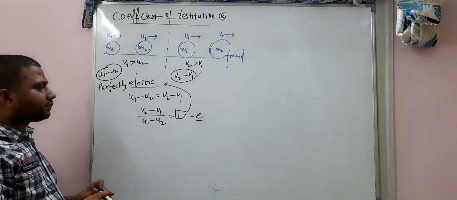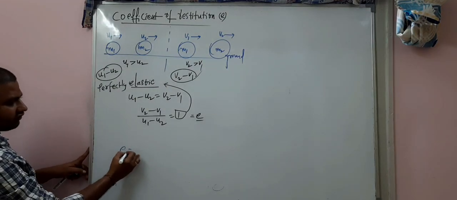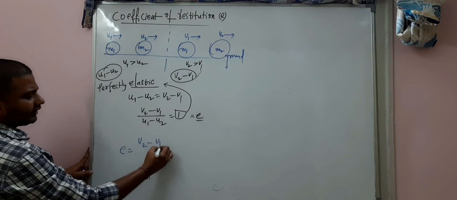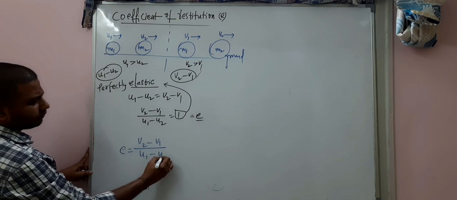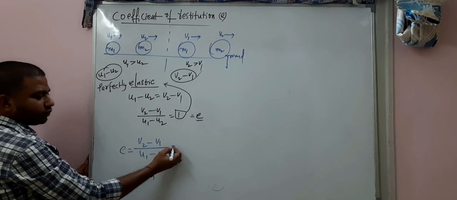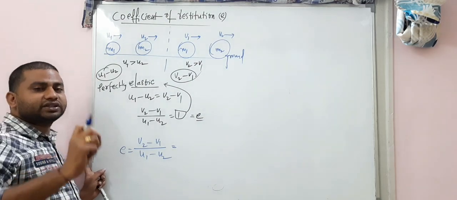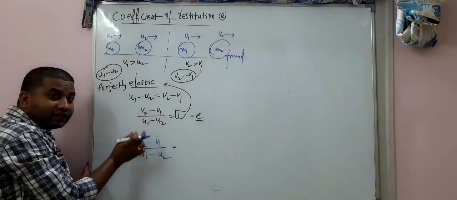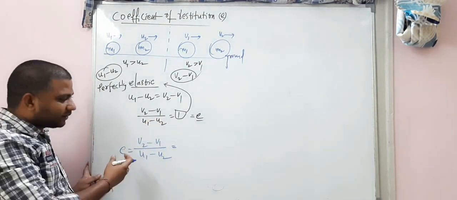So we have got an expression for the coefficient of restitution: v2 minus v1 by u1 minus u2. See the numerator. I am just writing the expression, and the explanation of that expression I am writing here.